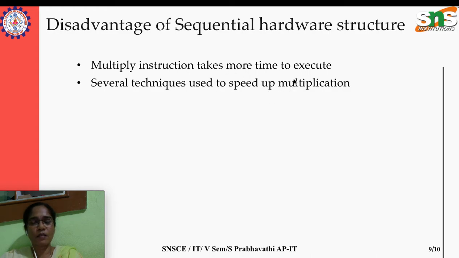But the advantage is it takes only few adders, I mean only a single n-bit adder. There are several techniques implemented to improve the disadvantages of this sequential hardware implementation.